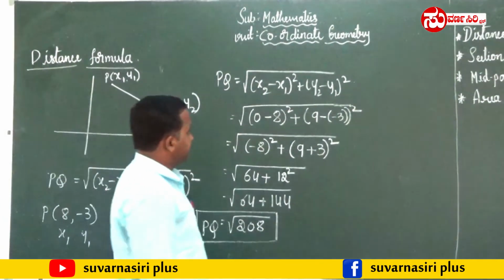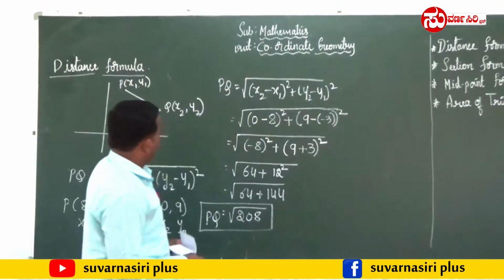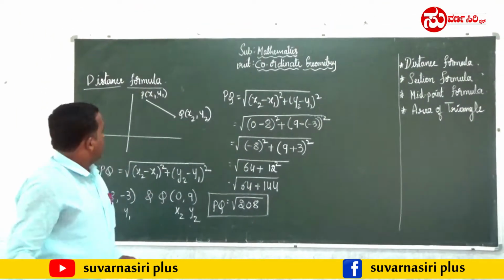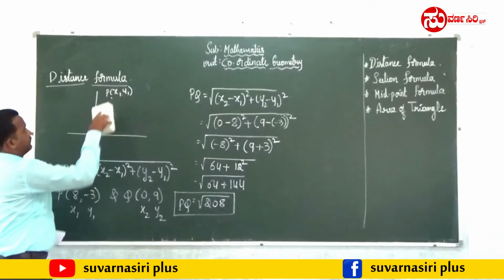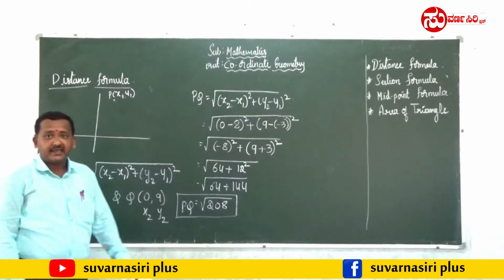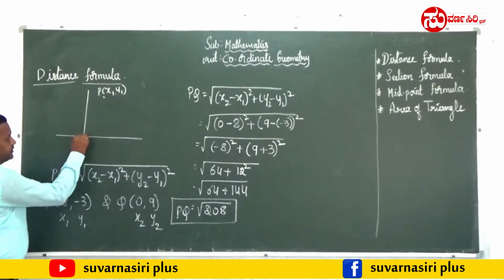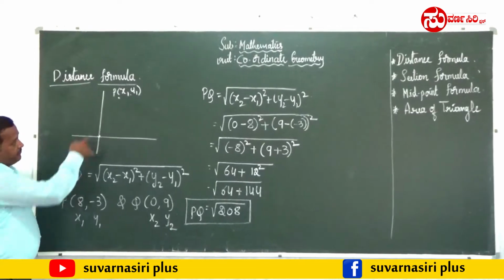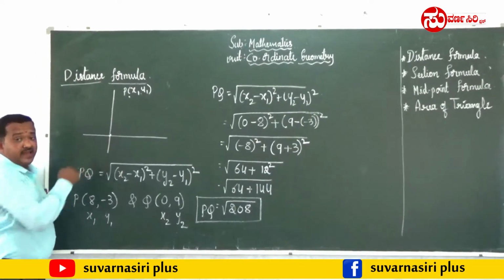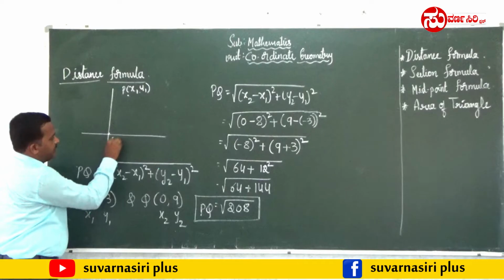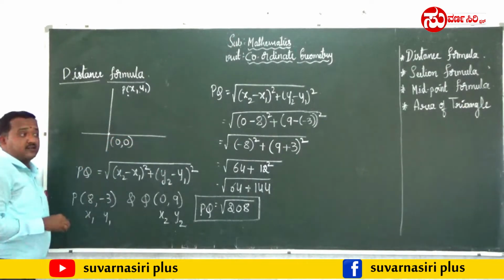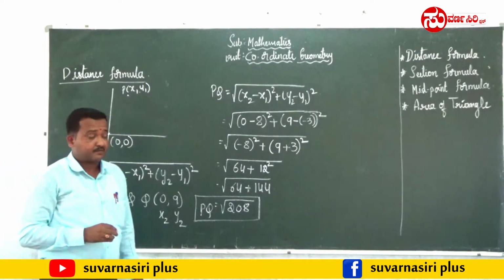The next is, if I want to find the distance of a point P from the origin, the point where the x-axis and y-axis intersect is called the origin. Its coordinates are 0, 0.